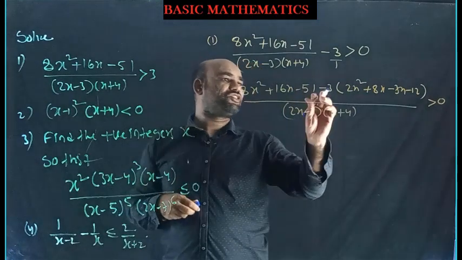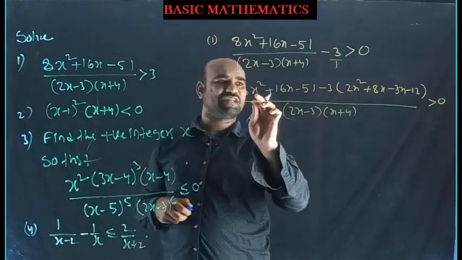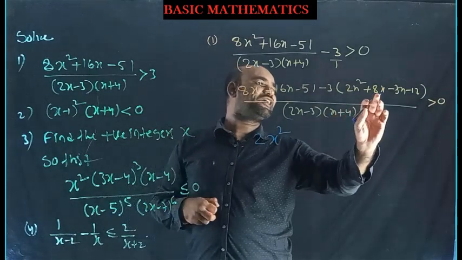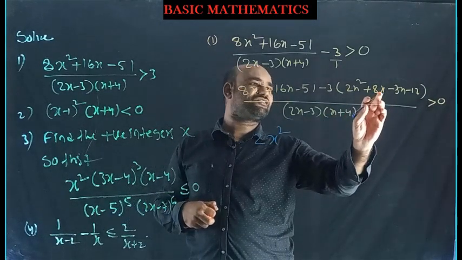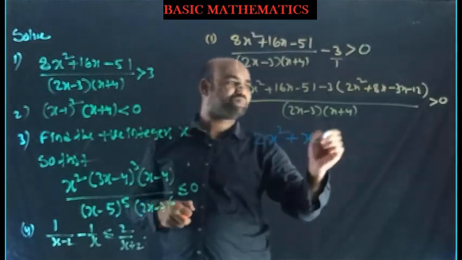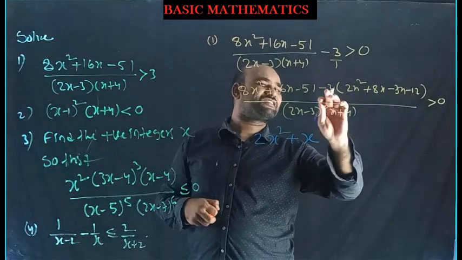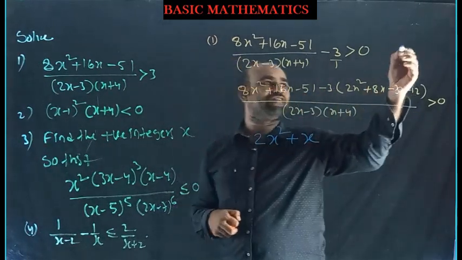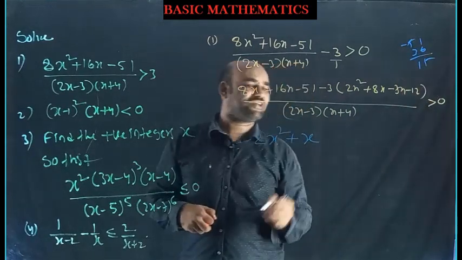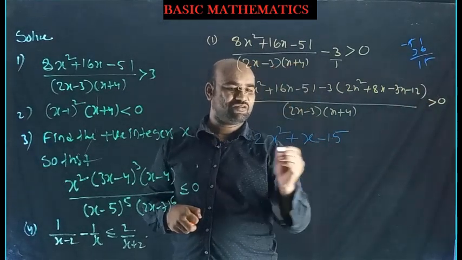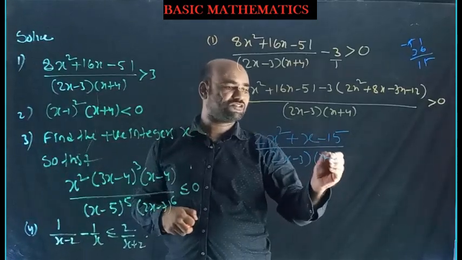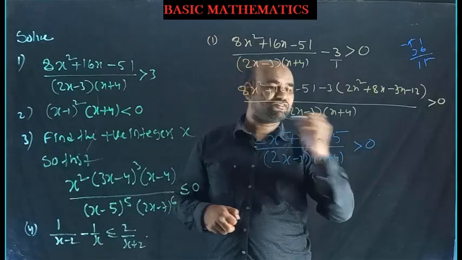So 8x² minus 6x² gives 2x², then 8x plus... 5x minus 15x, and here minus 12 plus 36 minus 51, that is minus 15, by (2x − 3)(x + 4) is greater than 0.